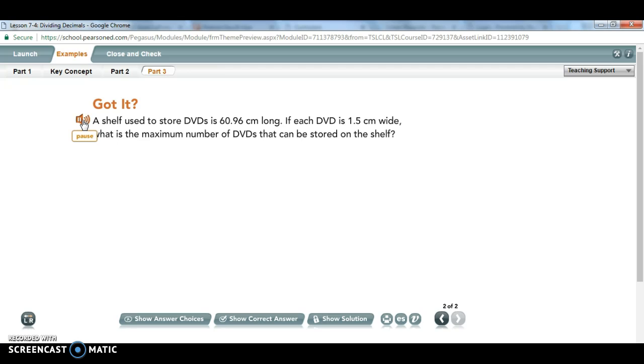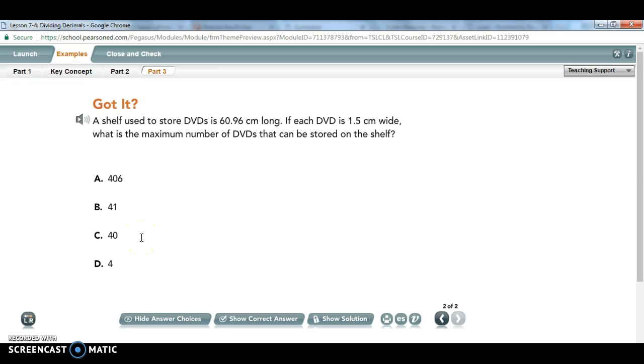A shelf used to store DVDs is 60 and 96 centimeters long. If each DVD is 1 5/10 centimeters wide, what is the maximum number of DVDs that can be stored on the shelf? Our possible solutions are either A, B, C, or D.